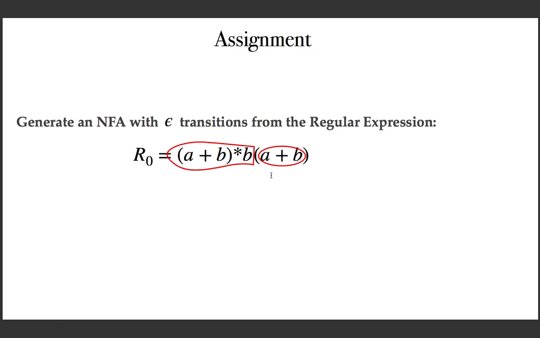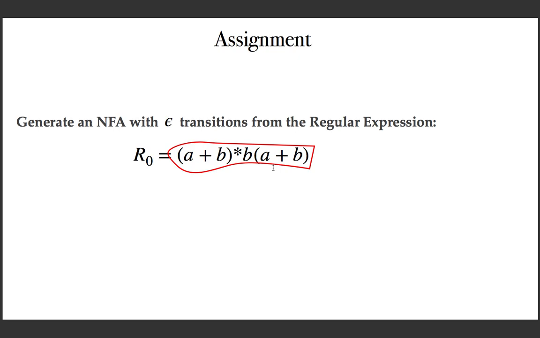Now, by applying the rule for concatenation to these two NFAs, you can construct the NFA for the whole regular expression. So, please try it. Just act as a computer and mechanically obtain the NFA. Only if you do it, you can understand the algorithm completely.